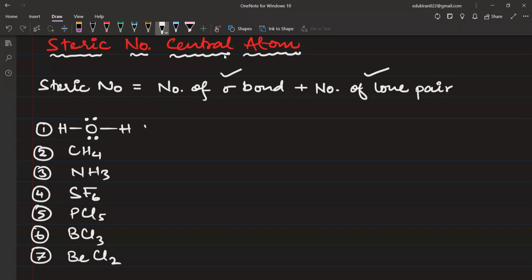We'll send the answer like this. Steric number is equal to the number of sigma bonds, here it is for oxygen, all the central atoms. 2 sigma plus 2 lone pairs, 4.